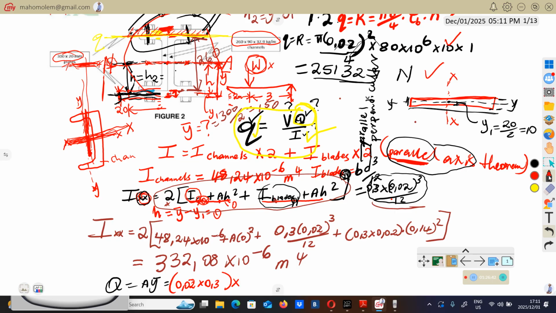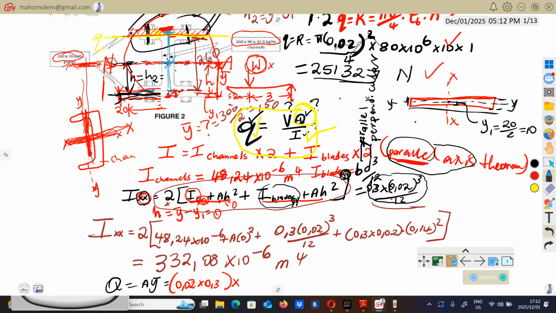The center of this area is going to be somewhere there. So the y distance will always be measured from the neutral axis to the center of the area in consideration. It's the very same distance as from here to there. These things are identical. We have the axis of symmetry about the x-axis, so the distance will be the same.